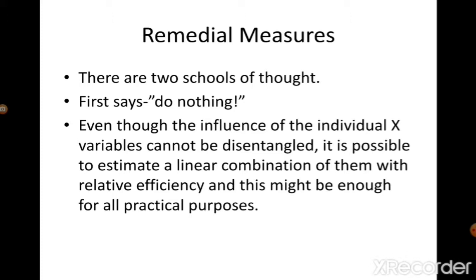Now the reason is that even though the influence of individual x variables cannot be disentangled, as we have seen, it is possible to find and accurately estimate a linear combination of these x variables with relative efficiency.